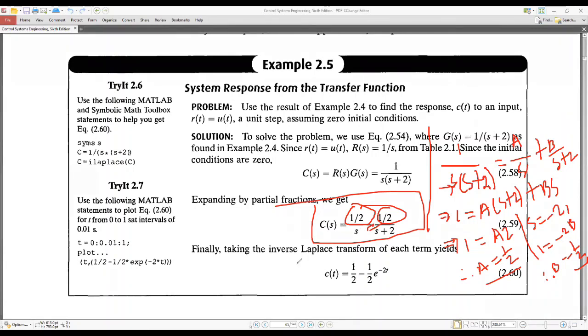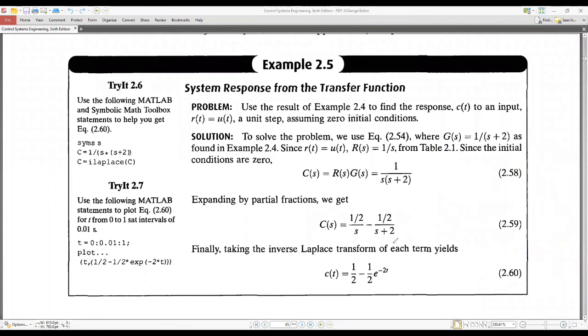Now if we take the inverse Laplace transform, the ILT, then instead of C(s) you can write c(t), and half is there, 1 by s. And 1 by s means what?